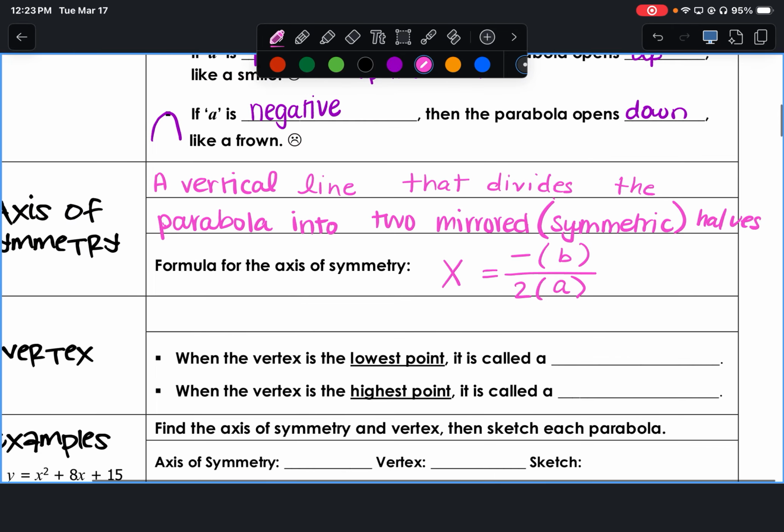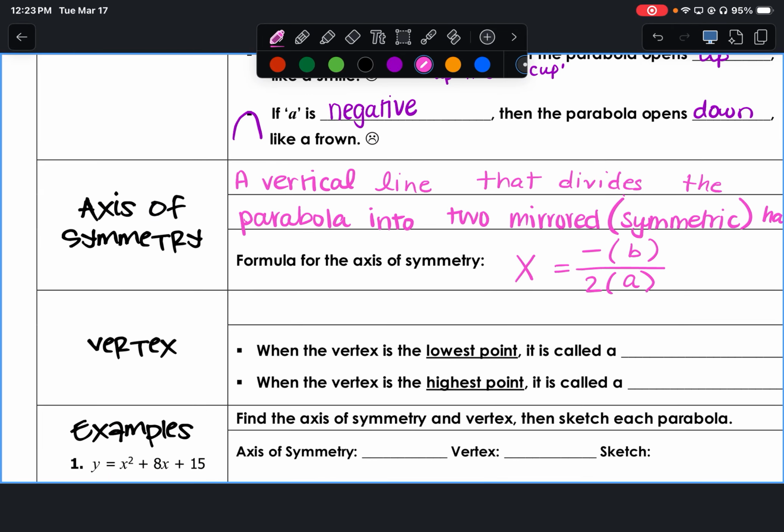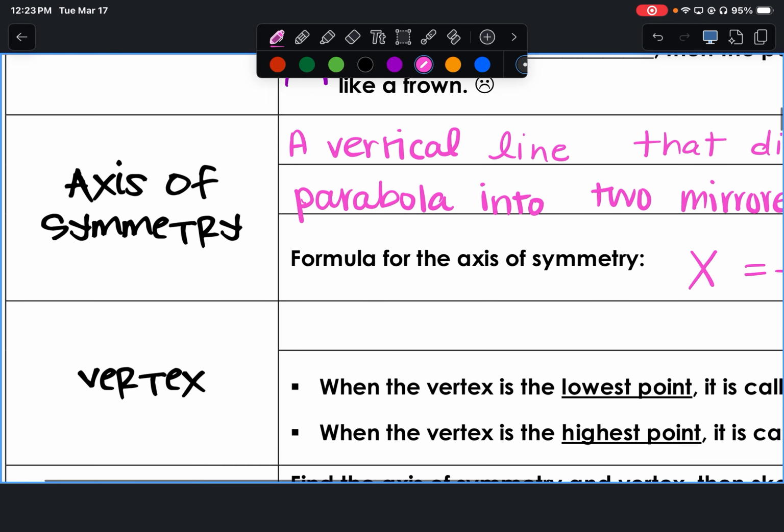So when we're talking about axis of symmetry, you will often see me use an abbreviation for that as AOS, just because I get really tired of writing the word symmetry over and over again. And we're going to go back up to those problems we just looked at, and we're going to find the axis of symmetry and talk about where they would be on that graph.